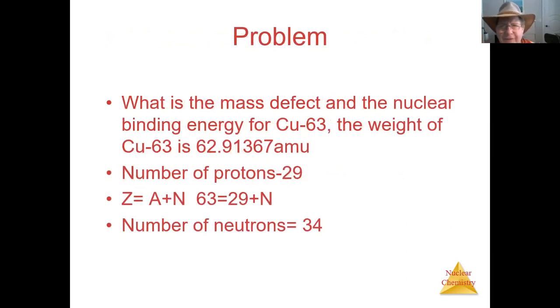What is the mass defect and the nuclear binding energy for copper-63? Weight of copper-63 is 62.91367 AMUs. I have 29 protons, so this means I have 34 neutrons.